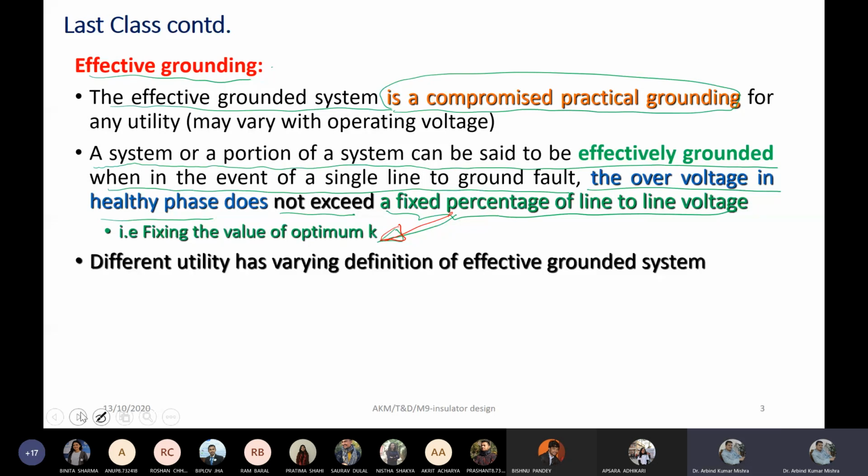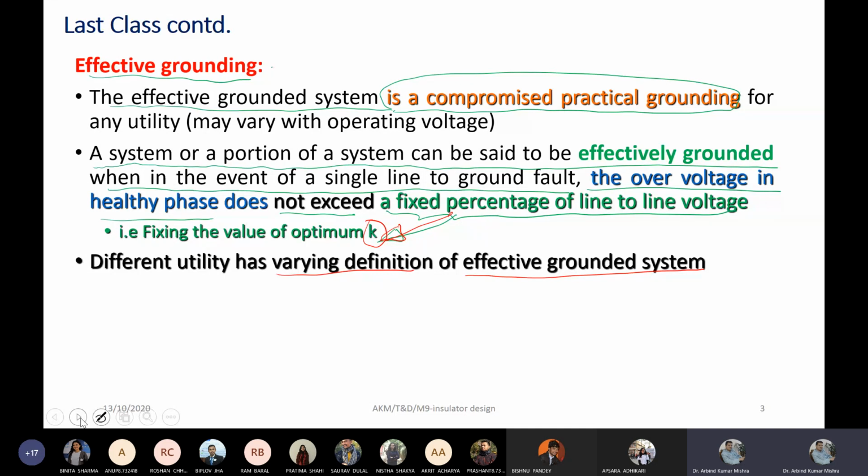Different utilities have varying definitions of an effective grounded system. What does varying definition mean? They all call theirs effective grounding, but they put different values of K. Some may take K equal to 1 itself, and that is the effective grounding for them, mainly in New Zealand, and also observed in some African countries.